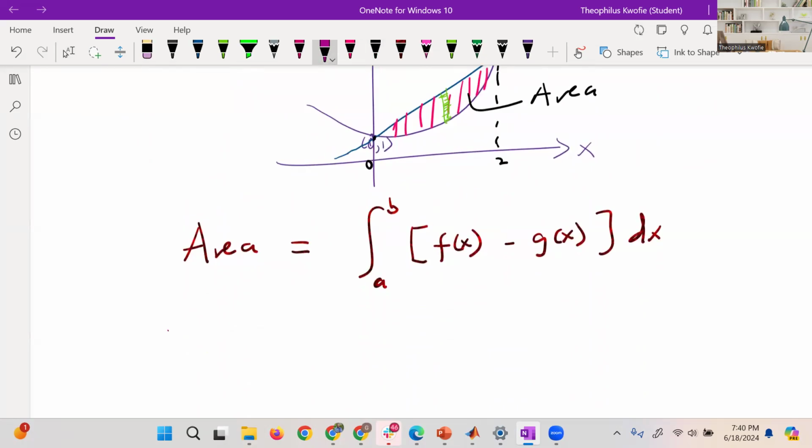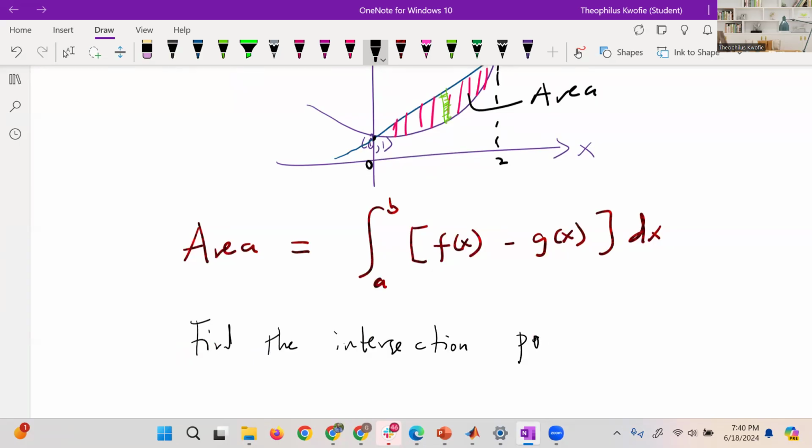The easiest way to find the point of intersection is that we just equate. So let me erase this. Find the intersection points.